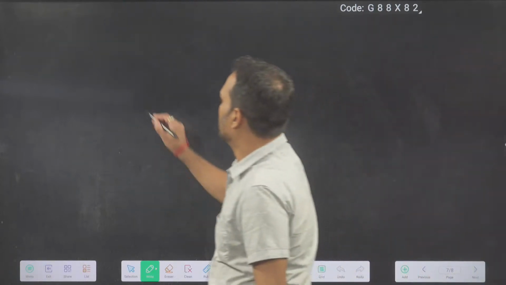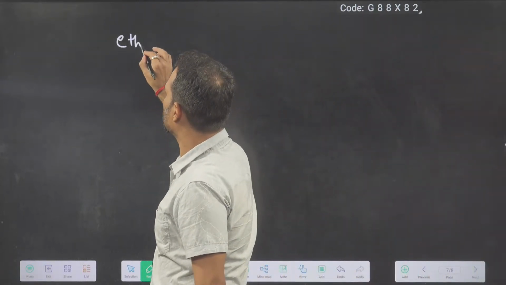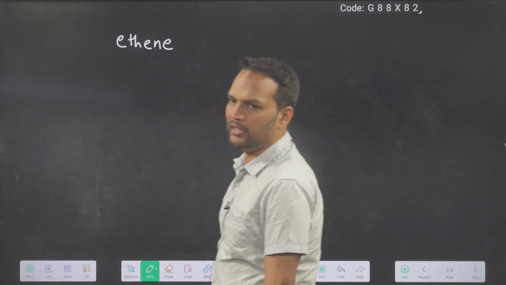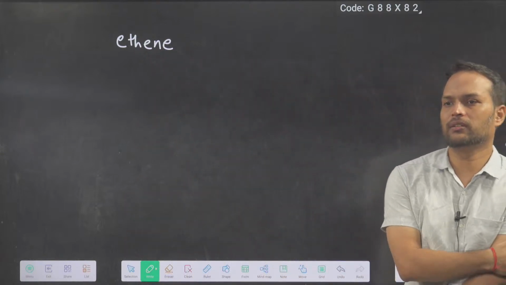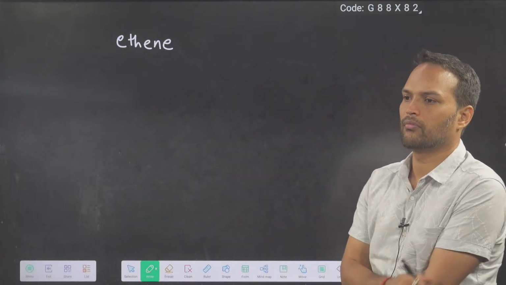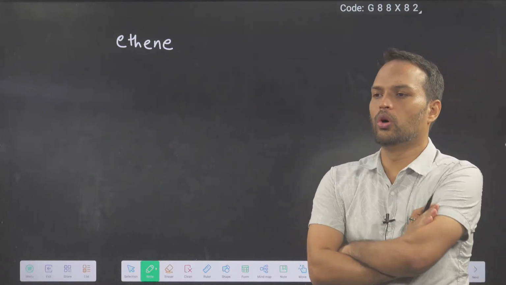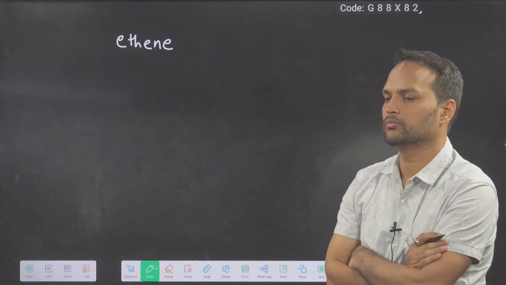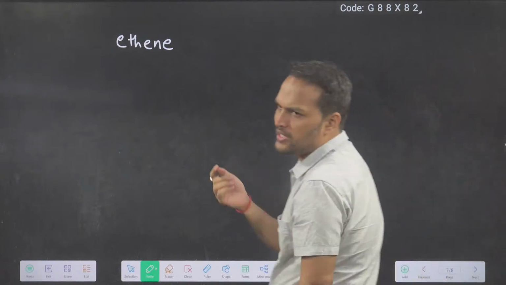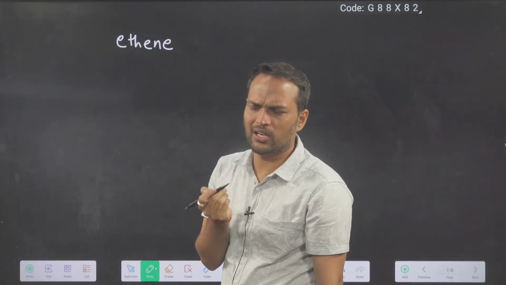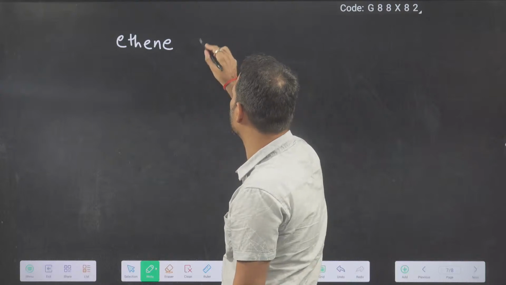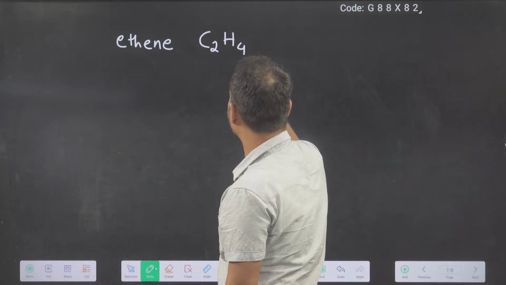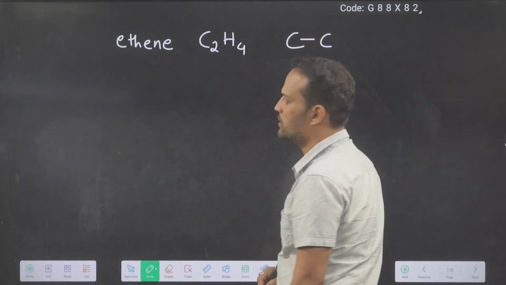Now you tell, do you know the formula of ethene? You will say, sir, you have told us the general formula CnH2n, so with 2 carbons I will put C2H4.